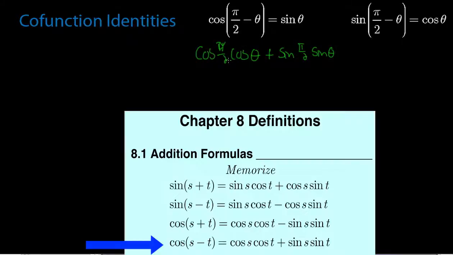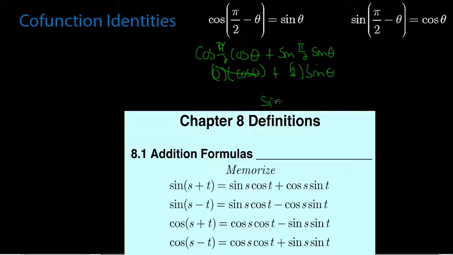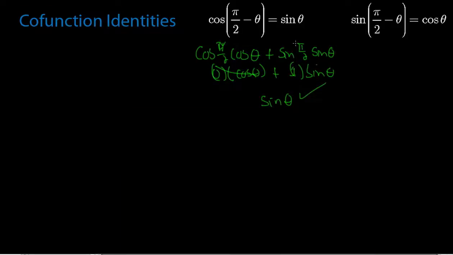The x-coordinate at 90 degrees is 0. So this winds up becoming 0 times cosine theta, or 0, plus the sine of pi over 2, the y-coordinate at 90 degrees, is 1. 1 times sine theta is sine theta. So our final answer is simply sine theta, and we proved what we wanted to prove.